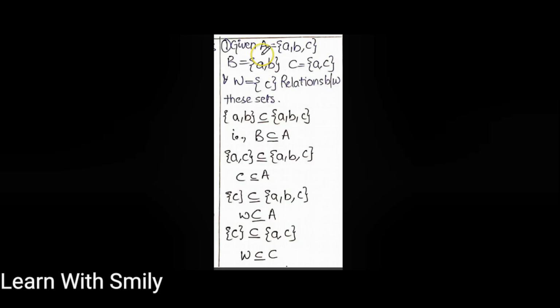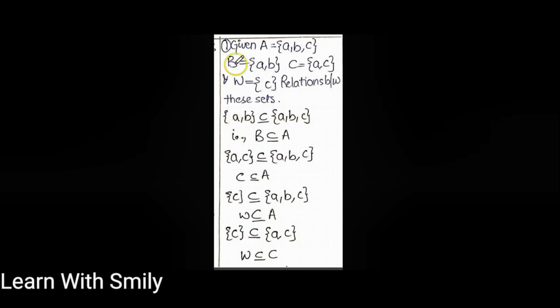Suppose we have taken a set A, set B and set C. Here it was asking for the relation between these sets. Here B is a subset of A, right? Because these elements are present in this set.